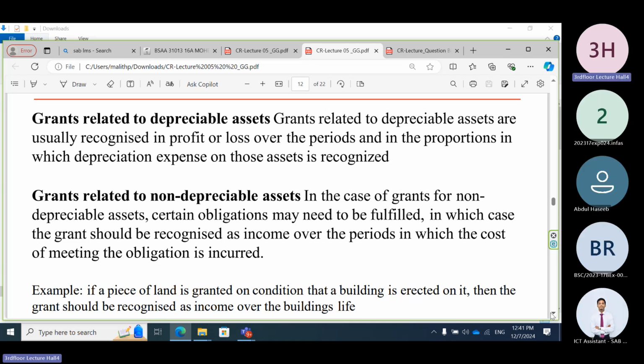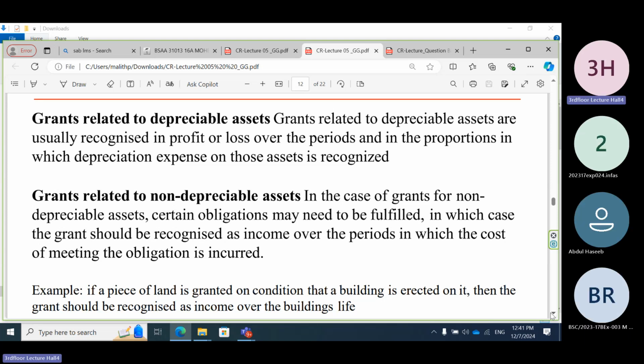Again, we need to decide the basis. Income over the period in which the cost of meeting the obligation is incurred. That's important. Example: it's related to a land, right?